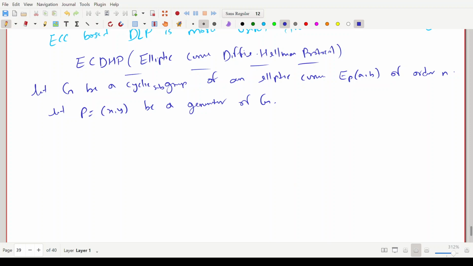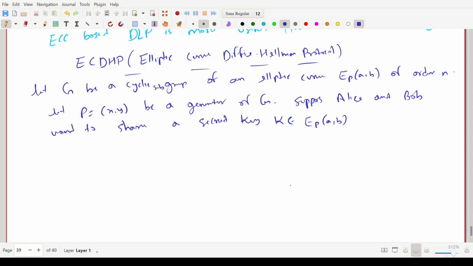Suppose Alice and Bob want to share a secret key K which belongs to E_p(a,b).